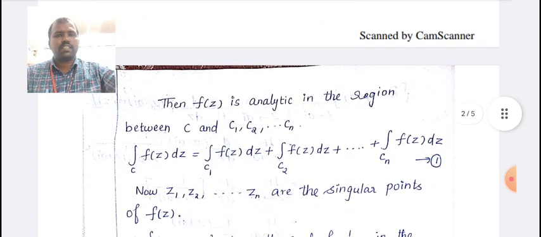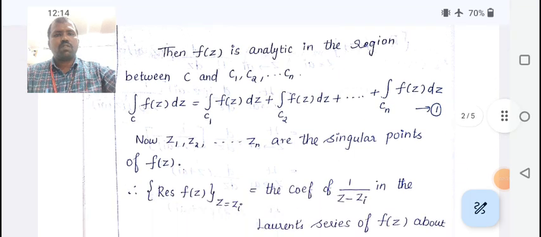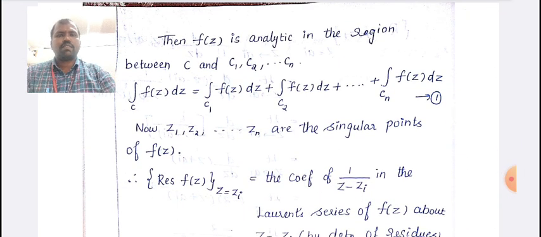Then f of z is analytic in the region between C and C1, C2, etc. Cn. Therefore, integral over C f of z dz equals, since C is the whole circle, the split into circle 1, circle 2, circle 3, etc. circle n.